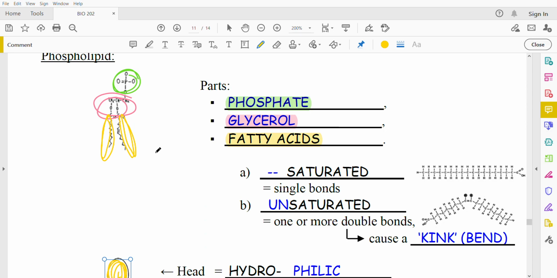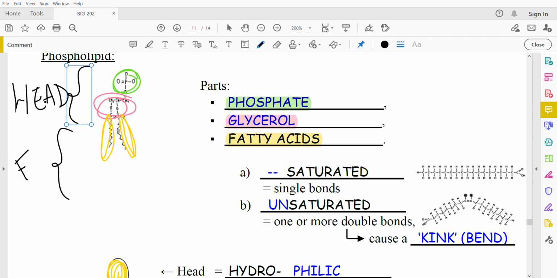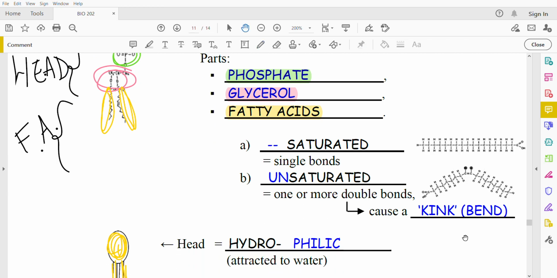So if we want to fill in, again, we have already discussed this as well, but if we want to fill in to our chemical formula, we saw that the phosphate and glycerol did the head part, and the tails were the fatty acids that we had. And then when we had a look at the fatty acids, this is again revision. We remember that we had saturated fatty acids.